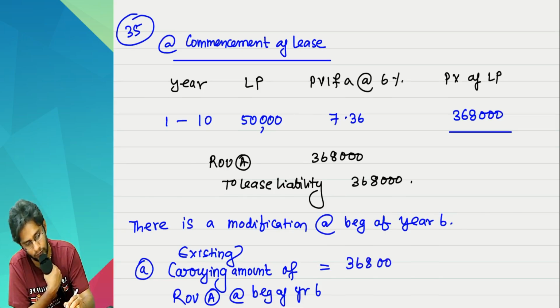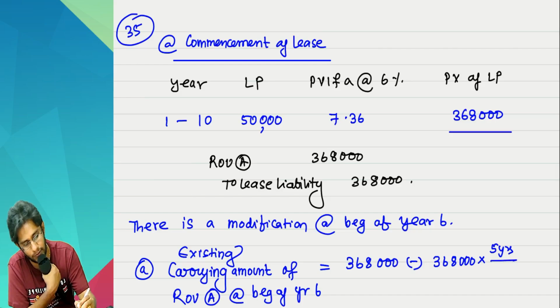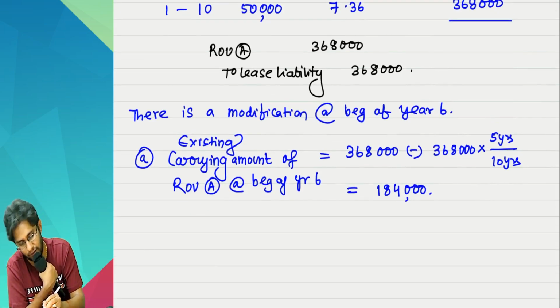Correct, sir. Half, no? 368,000 minus 1,000 into cumulative 5 years depreciation you would have provided. So it would have been appearing at 1,84,000. Asset is fine.